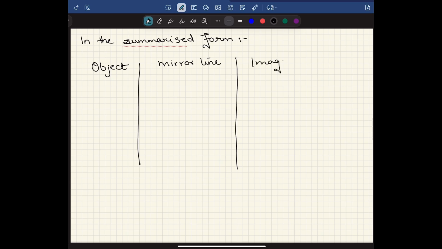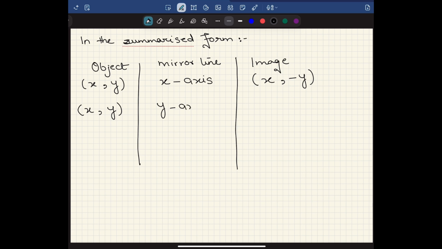If we have coordinate xy and it is reflected along the x-axis, the image point is going to be x and negative y. So the sign of the y coordinate changes. If we reflect the point xy along the y-axis, I hope we remember that we just change the sign of the x coordinate.